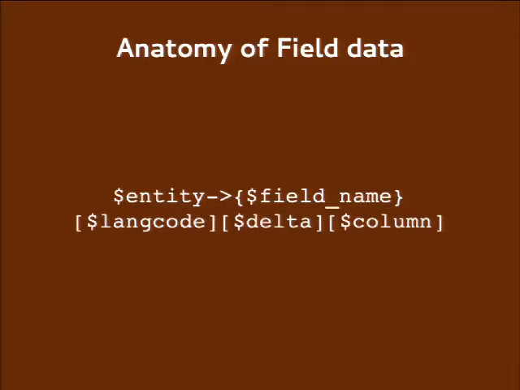Then it is accessed through the field name. Then you have another level, that is the infamous language level. Then you have the delta level and the column level. So basically, the typical example is the node body. You have node, body, language, 0 and value. And in there you will find the actual value of the body.